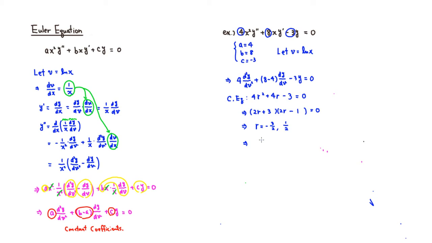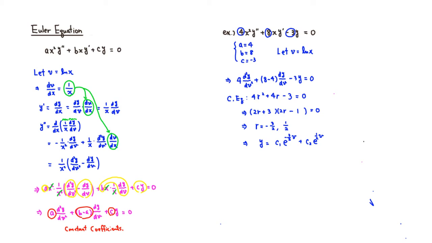The solution is going to be y is equal to c1 e to the negative 3/2, but we have to be a little bit careful. This derivative is done with respect to v, so the variable in this case is v. All right, plus c2 e to the positive 1/2 v. But since the original equation is given in x, we have to write the solution in x as well.